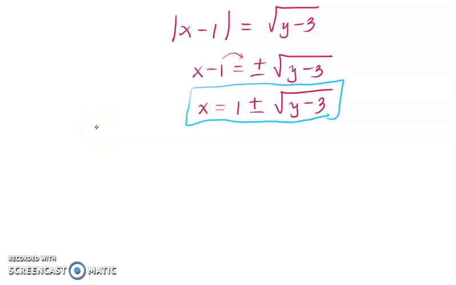We are sure that the radicand is always defined because y is greater than or equal to 3; it cannot be negative. Take note that when you have a square root of a number, the number must not be negative because we are talking about real numbers here, and we only have the square root of a positive number or the square root of 0.